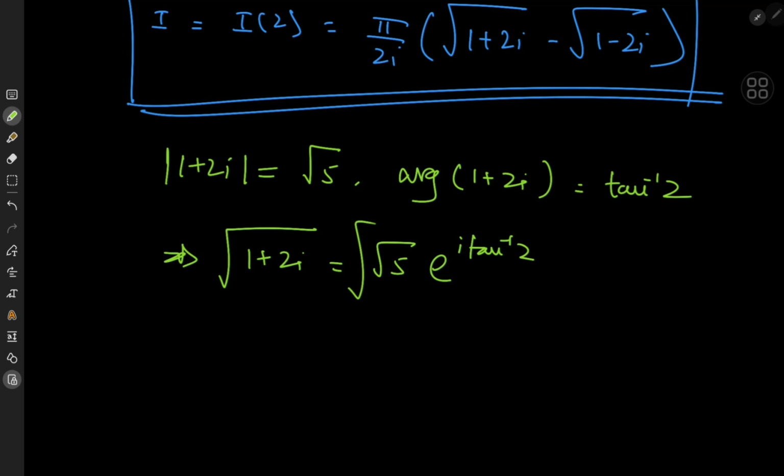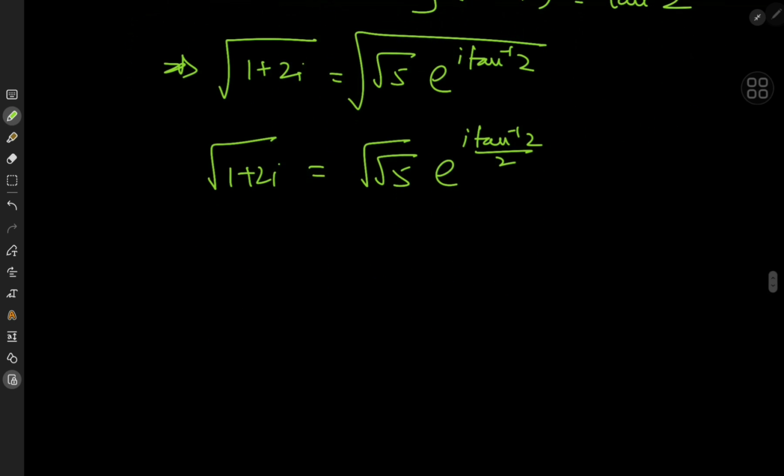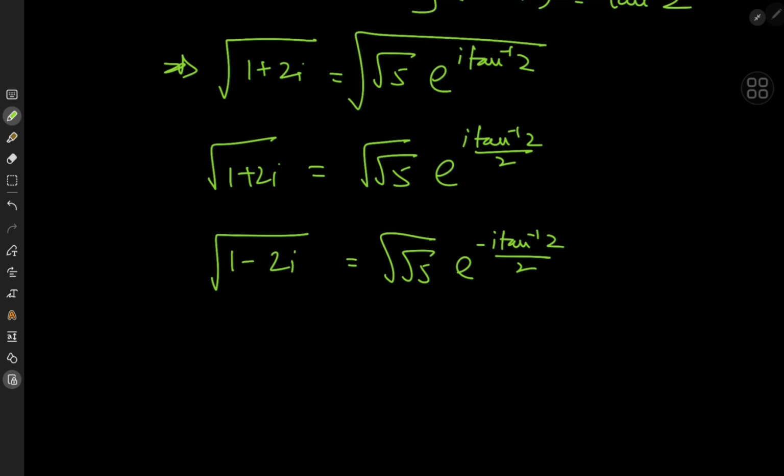And the square root, principal square root that is, would be root 5 times e to the I times inverse tangent 2 by 2. And by a similar token, we have the square root of 1 minus 2I being root 5 times e to the negative I times inverse tangent of 2 by 2.